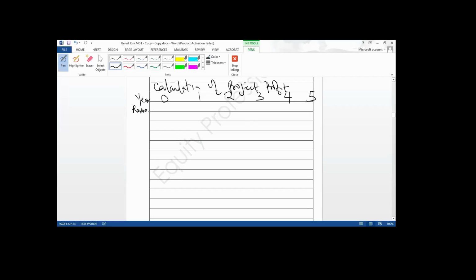Revenue from the projects in F dollar: 550, 550, 550, 550. Variable cost for the projects: 220, 220, 220, 220.